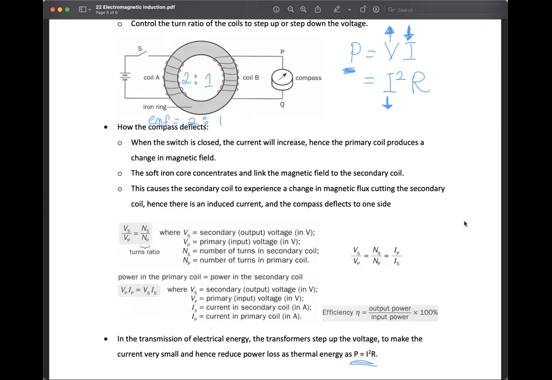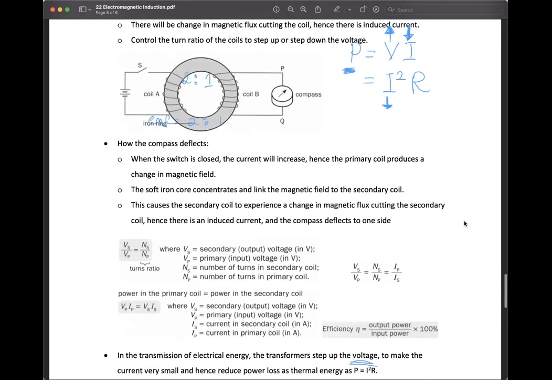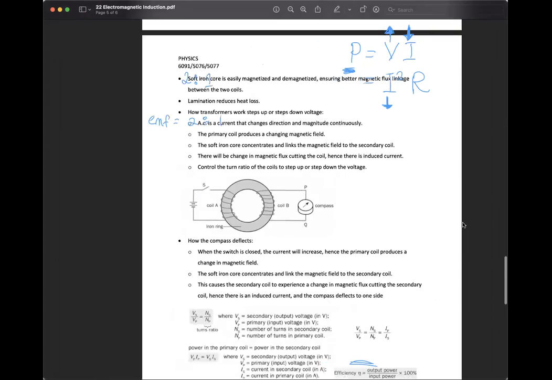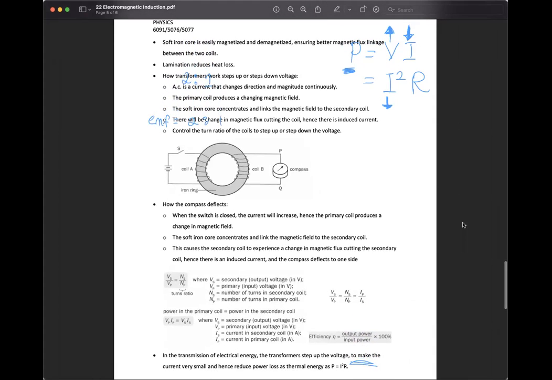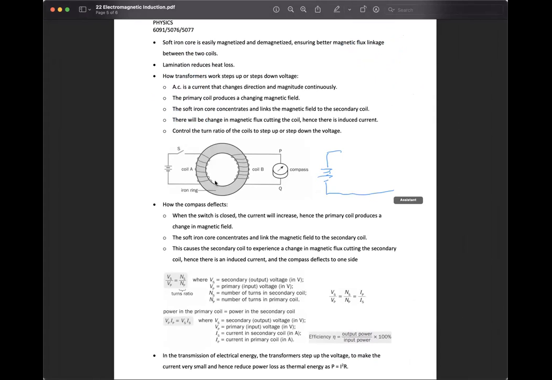Okay, so for transformer, can you tell me why we use a transformer? Or type out the reason why we use a transformer. Why do we learn this complicated thing? Why don't we just connect the battery all the way to the compass? Why don't we just do that?